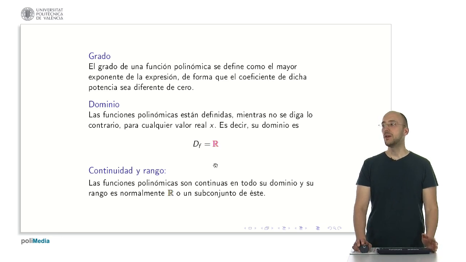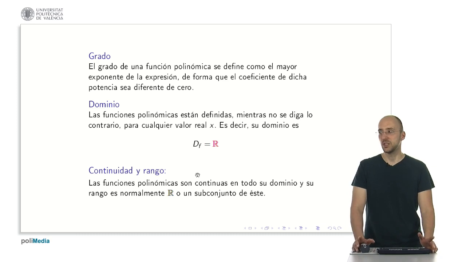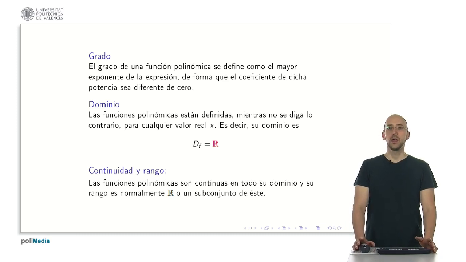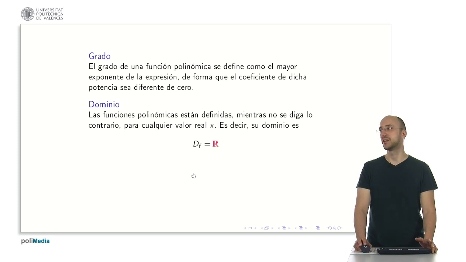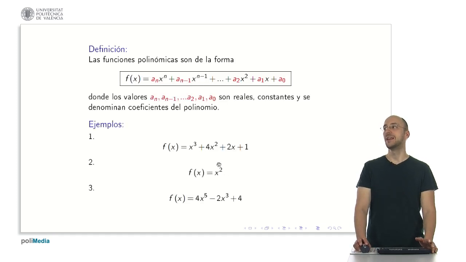What about range and continuity? You must know, although I don't know if you remember the continuity and the range, that any polynomial function is continuous over its entire domain, and that its range is normally all the real numbers, or a subset. For example, in this case, let's go back a little. The range of x squared, which is like its image, is only the positive real numbers. Why? Because when squaring any number, it always gives me a positive.